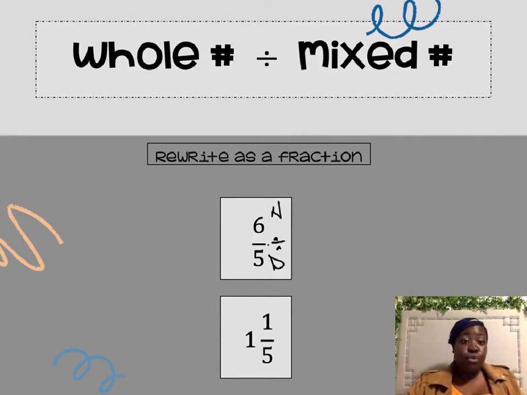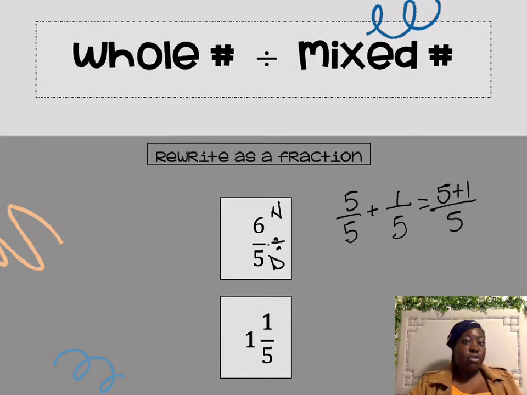Just in case you don't remember, you pull out a whole, which is 5/5. Then you ask yourself, 5/5 plus what will give you 6/5? We know that 5 plus 1 is equal to 6, and your denominator is still 5. Let's rewrite it.